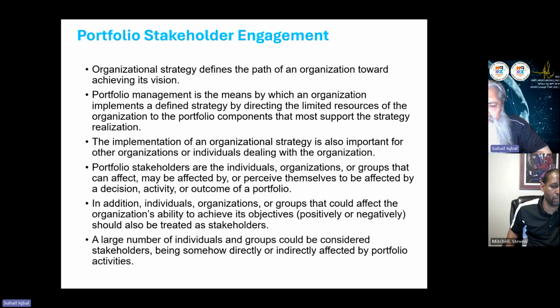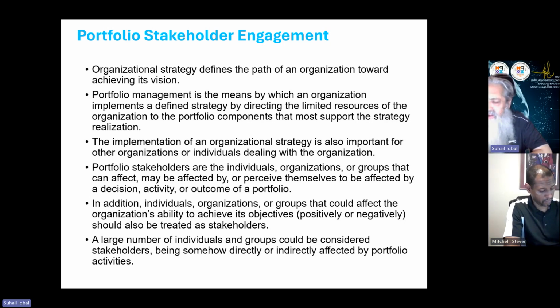The implementation of an organizational strategy is also important for other organizations or individuals dealing with the organization. Now, when we have described our organization and our portfolio management, we are saying that other organizations who are working and dealing with us also need to understand what we are doing and what our strategy is.